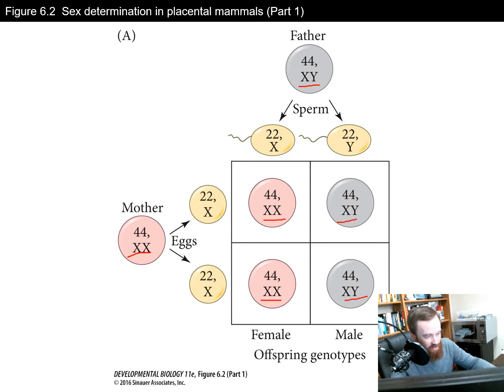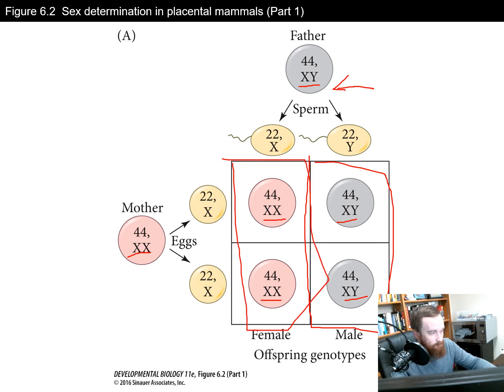So if we look at our Punnett square here, you have a 50-50 shot of inheriting an X or a Y from the sperm, and a 100% shot at receiving an X from your mother. Therefore, this results in a 50% chance to become a male and a 50% chance to become a female.